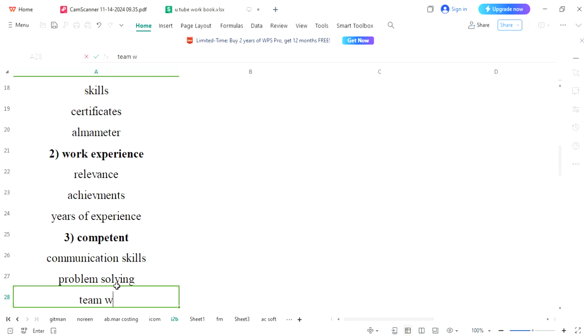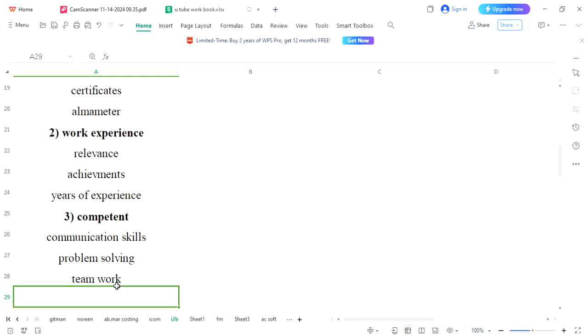And very important is teamwork. He must not be introvert. He must not be working within his own territory. He must come out. He must work together as a team. A candidate who is not able to absorb different characteristics, different characters in a team would never be a productive candidate.